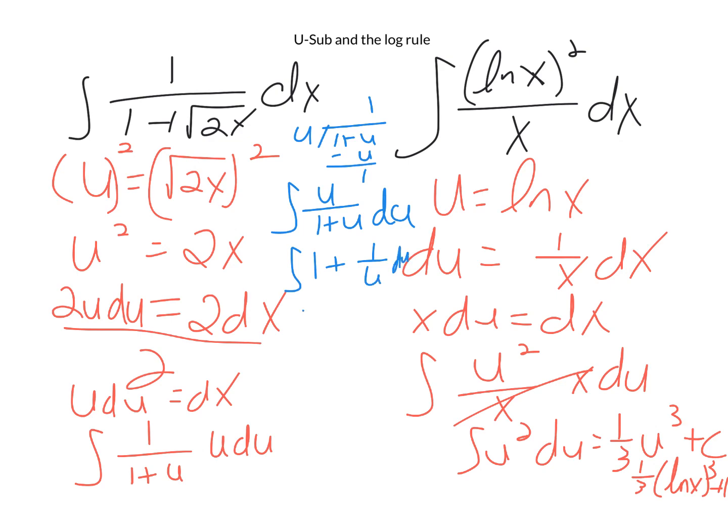I integrate that, I'm going to get u plus ln of the absolute value of u plus c. And I substitute in what u is. That's going to get me square root of 2x plus ln of the absolute value of the square root of 2x, even though that has to be positive, and then plus c.